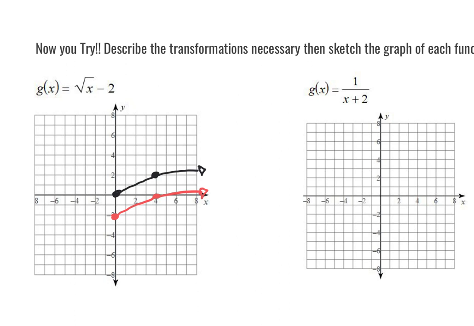Now, my parent function in my second one is a reciprocal function. That one has the invisible walls, so I'm going to draw my invisible walls, my asymptotes, with these yellow dashed lines.